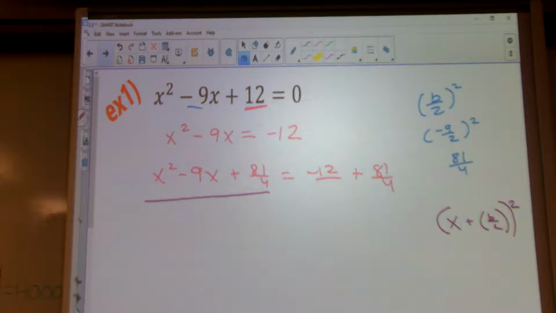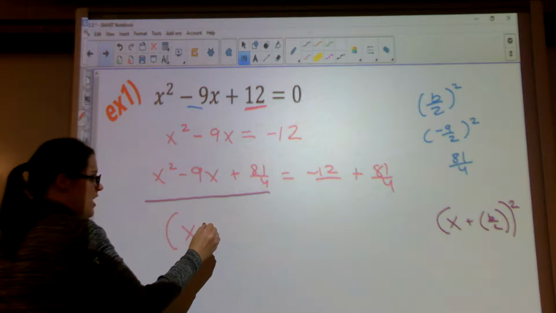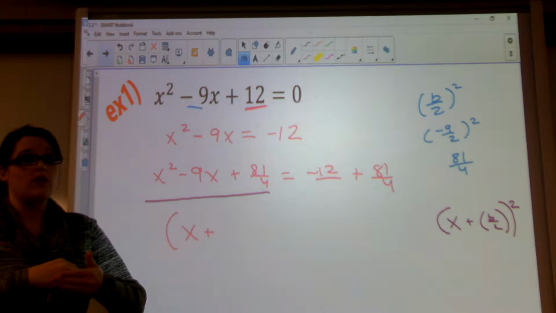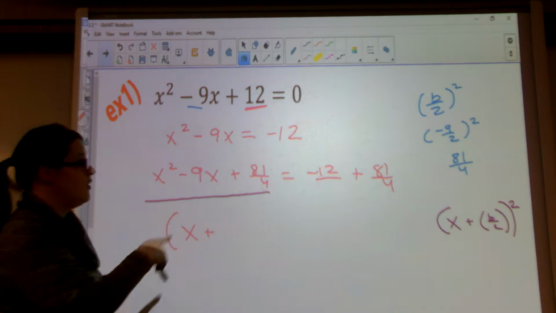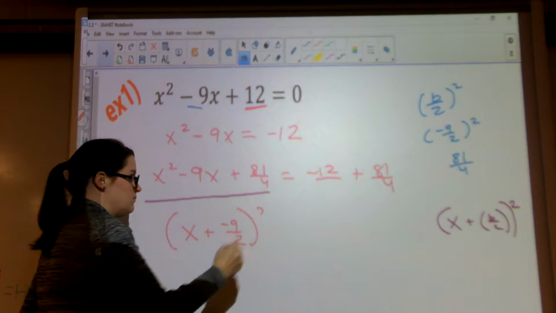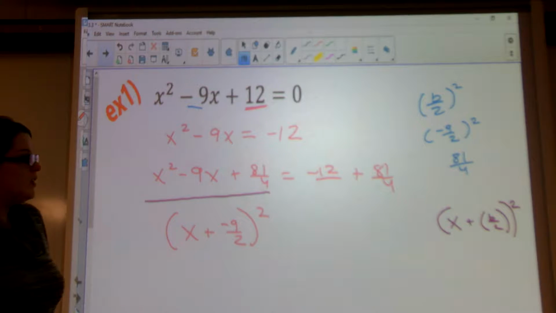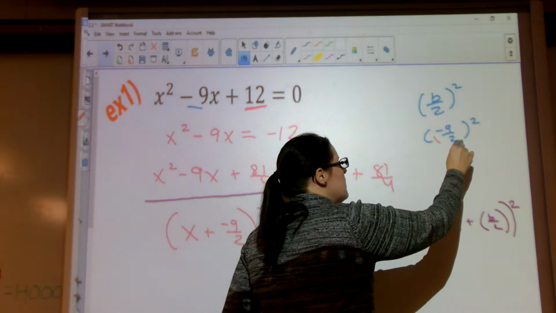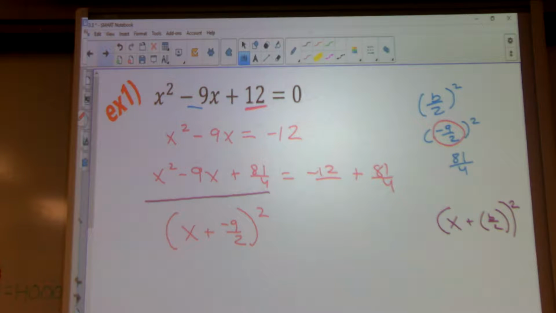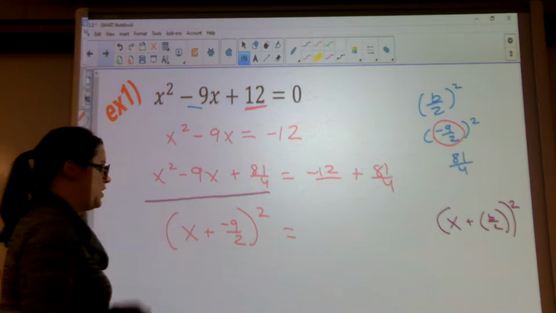So in our case, it will factor to be x plus negative 9 over 2. That's why I write it like that before I square it. That's what's always going to factor to b over 2. Now help me out. What do we get on the other side?